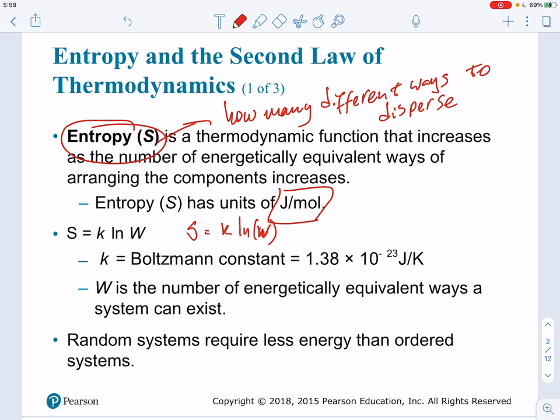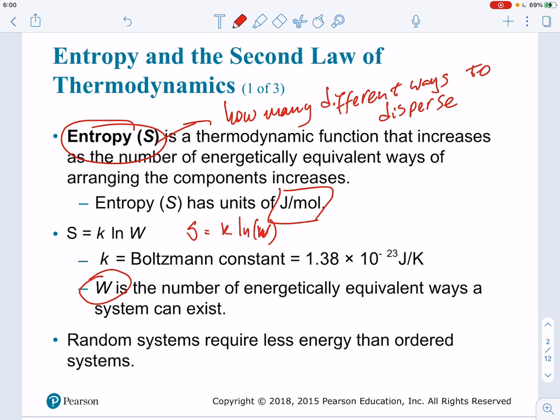And if you don't remember, there is no problem at all. Here K is a constant. Don't worry about the constant, it's a fixed value, so not much information that you can extract from it. But W is a representation of those equivalent ways in which you can have that system.